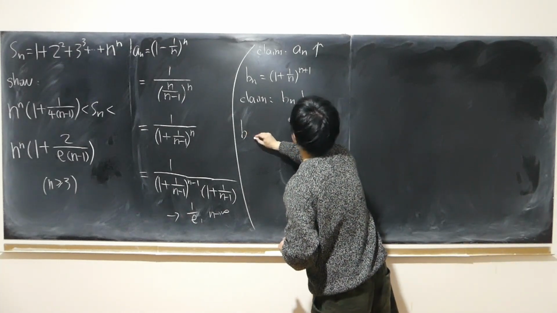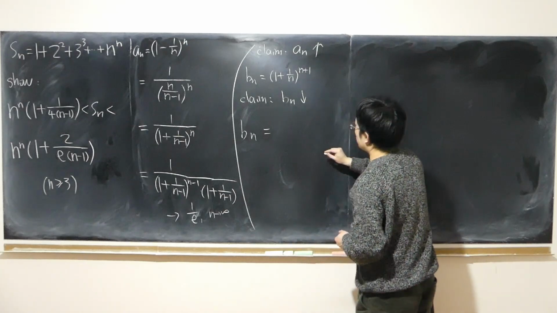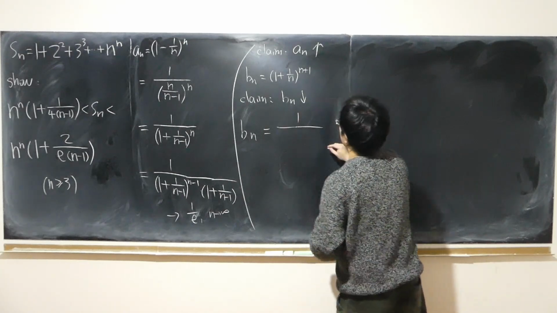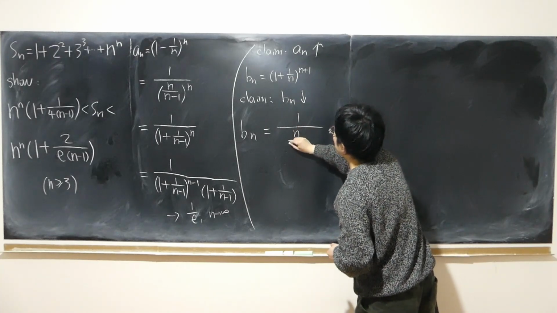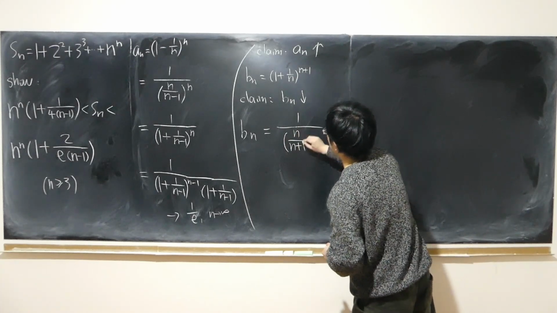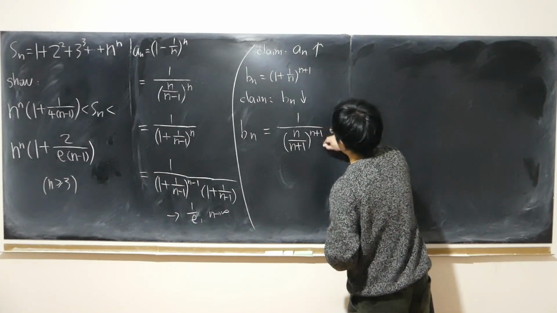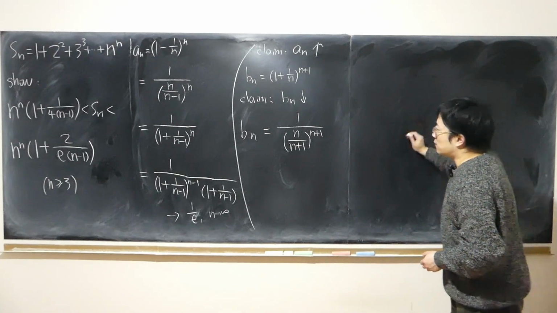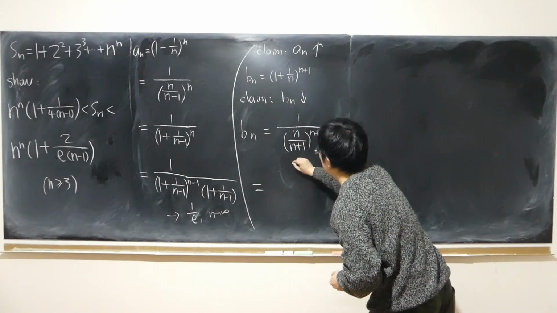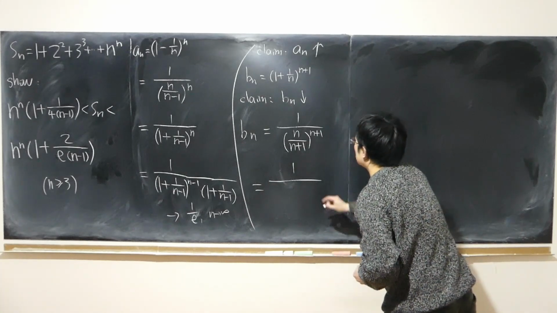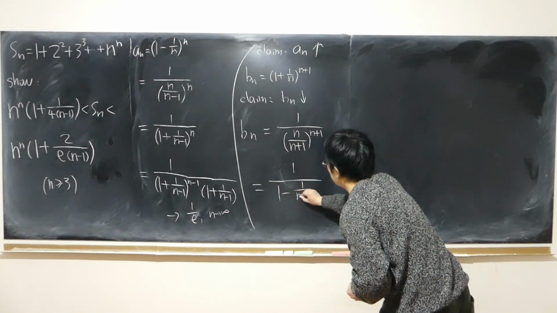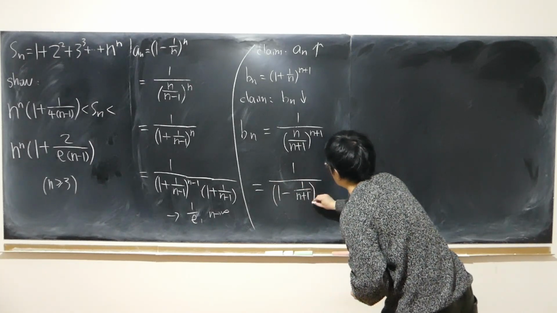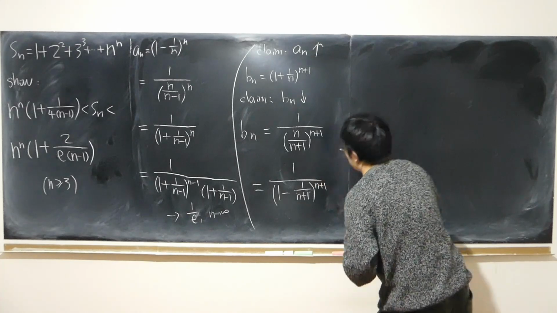First of all, Bn, we rewrite it into the reciprocal. (n over n+1)^(n+1). Okay, separate the fraction: 1 minus 1 over n+1, to the power of n+1.